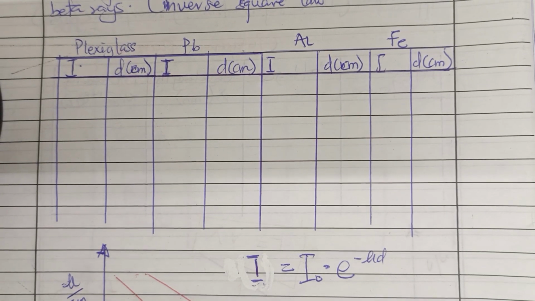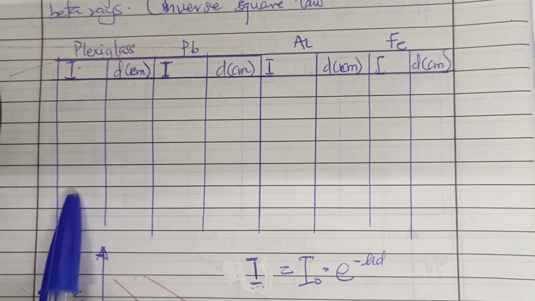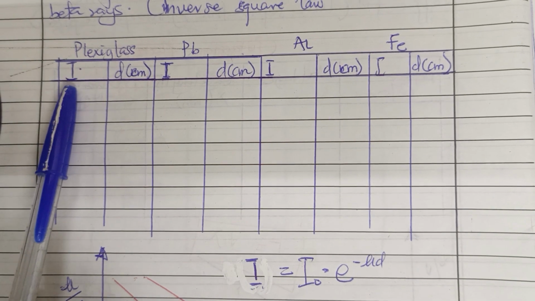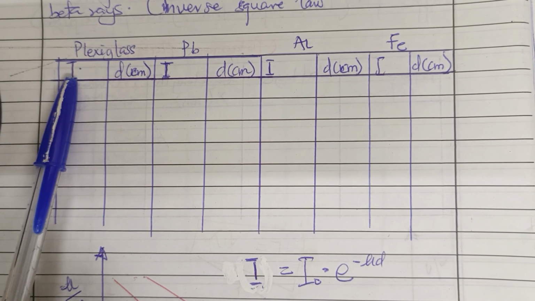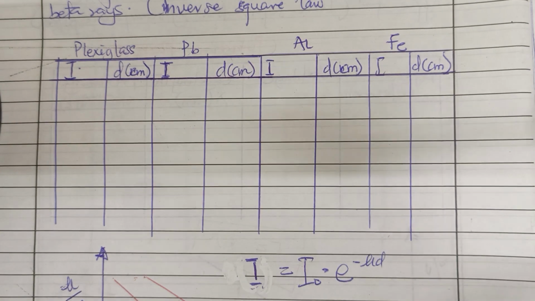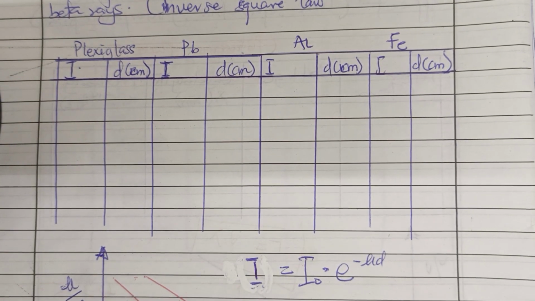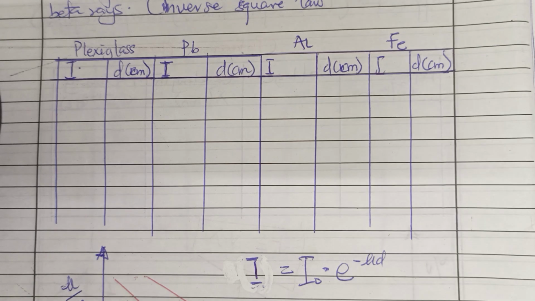In the experiment we're only interested in two things. If you watched part 1 of the video, you realize that we are interested in the radiation intensity, and the thickness of the absorber, which is D in centimeters. Normally we use the vernier caliper to measure the thickness, which gives us the unit in mm, but we have to convert it to cm.